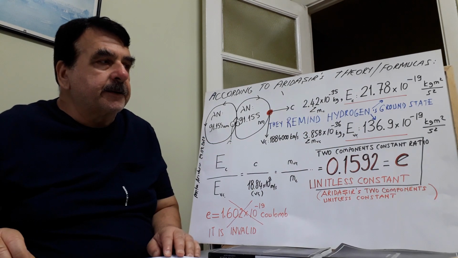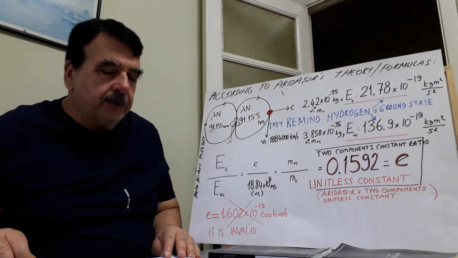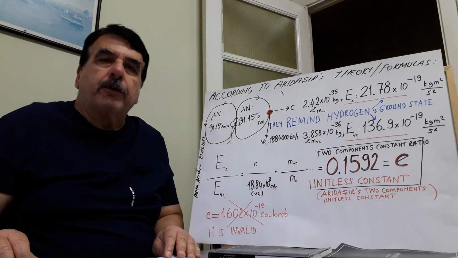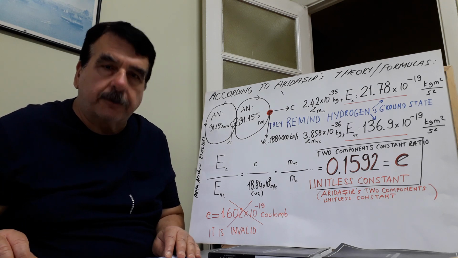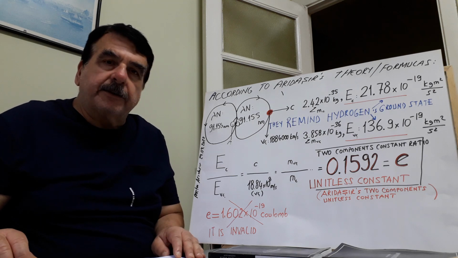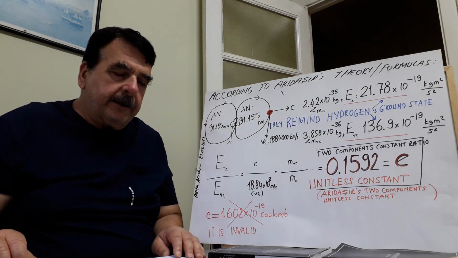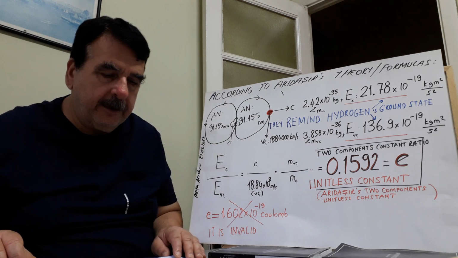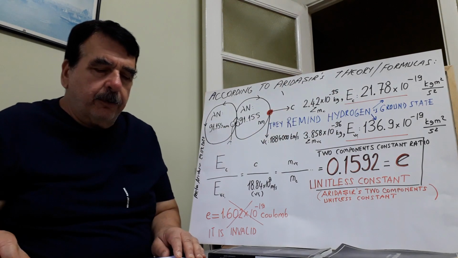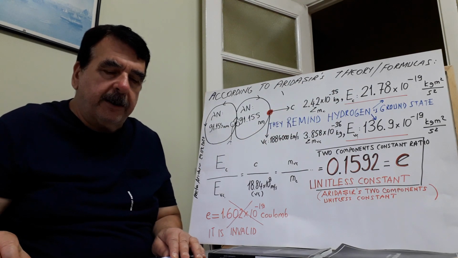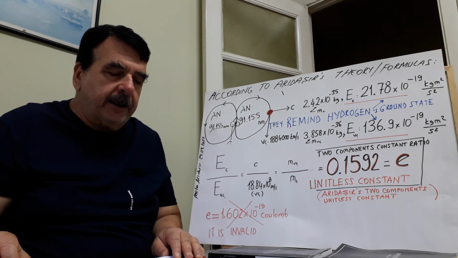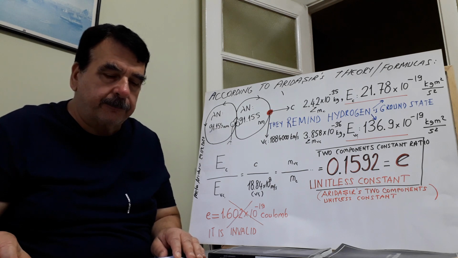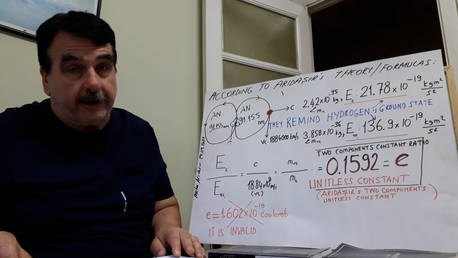136.9 10 to the minus 19 joules reminds me of the 13.6 electron volt ground state energy of an electron in a hydrogen atom, and 21.78 10 to the minus 19 joules energy reminds me that this value is the corresponding value of 13.6 electron volts.